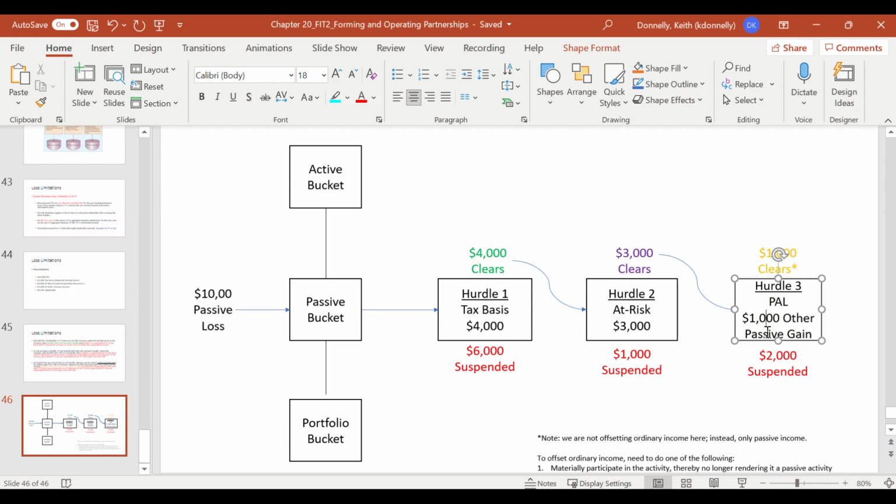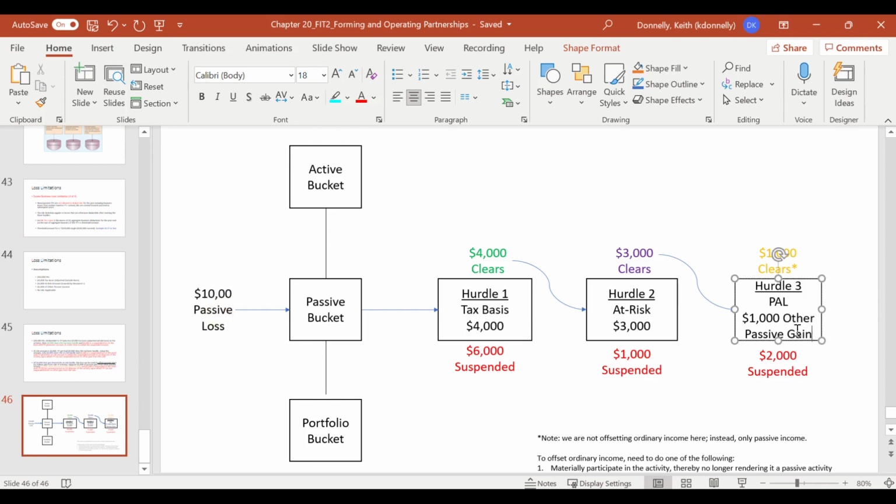We have another activity that generates a $1,000 passive gain, a separate partnership we receive a K1 for. Then and only then can we offset this, and we can offset it, in this case, for the full amount, $1,000. But we had 3,000 clear. We used 1,000 of it, meaning 2,000 is suspended. So overall, if you think about it, we had a $10,000 passive loss. We know we can't use it to offset either of these two right here.